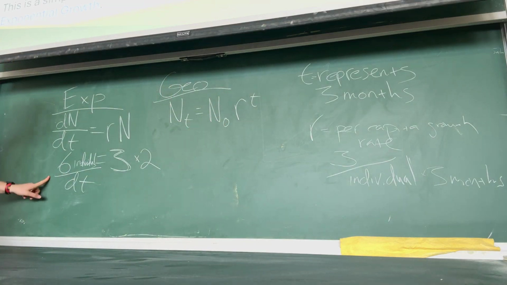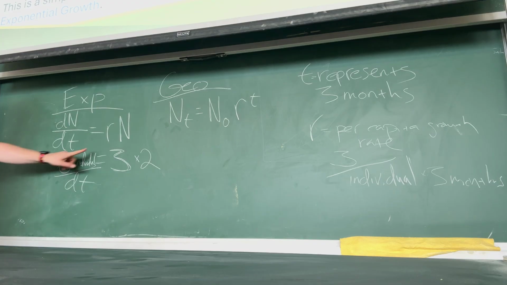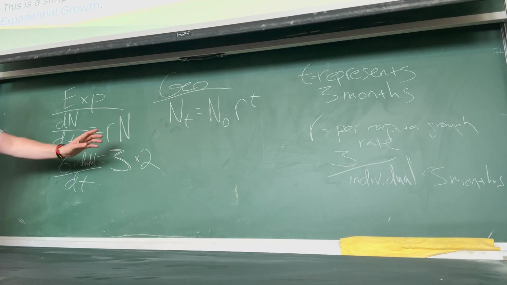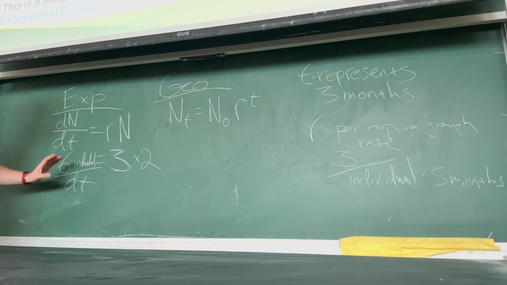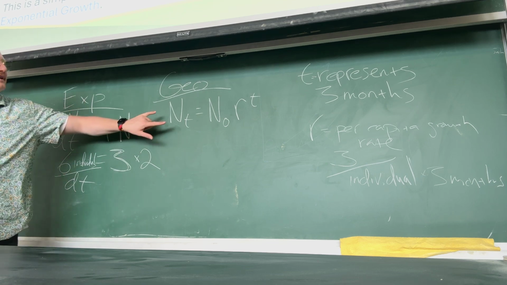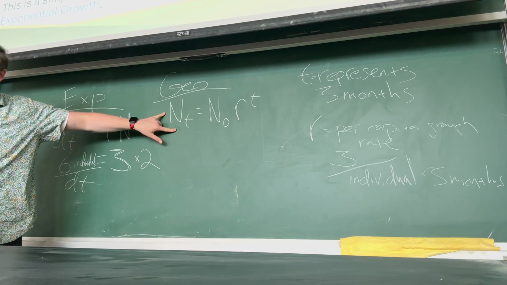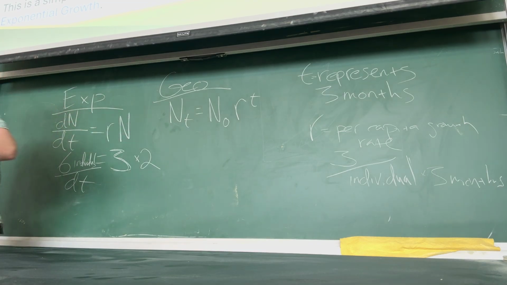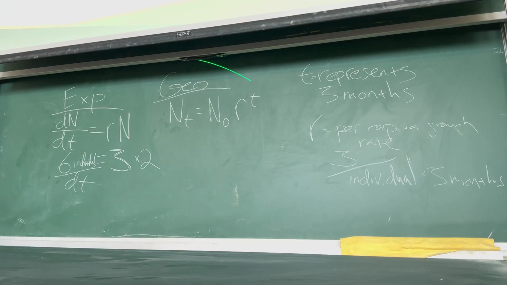Now you could still multiply this number by the number of years, and you could get the prediction, or by the number of 3-month periods and get a prediction, but it's representing something different than the geometric increase, geometric growth. The thing is, we've got these two growth curves and these predictions, and they're all fine and dandy.